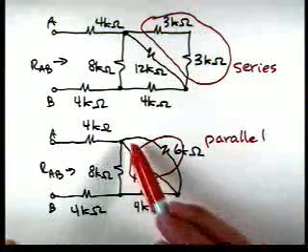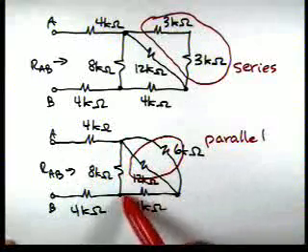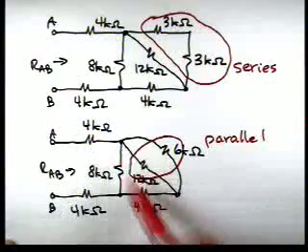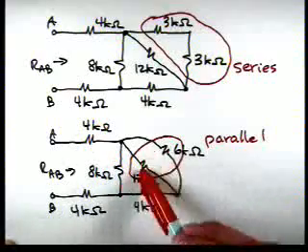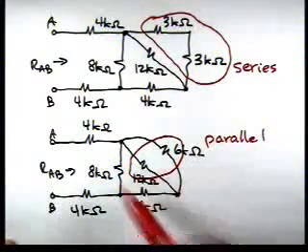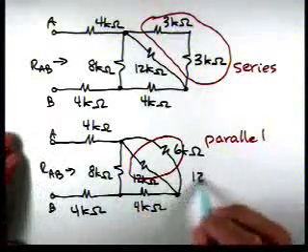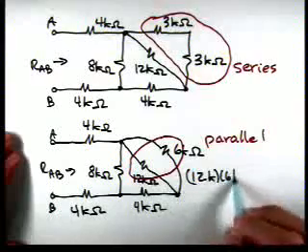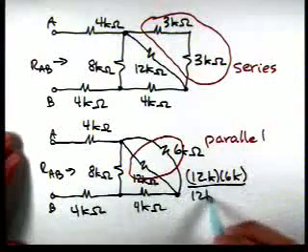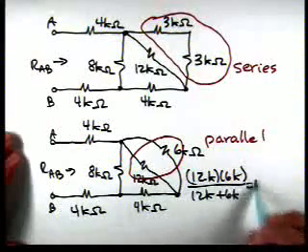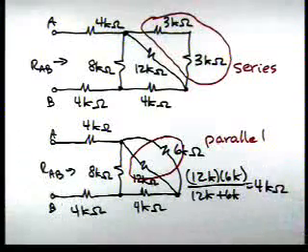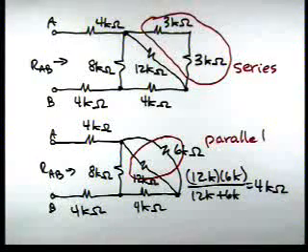So these two are in parallel. They're not in parallel with this one because of the 8K. So the resulting combination is 12K times 6K over 12K plus 6K to give us 4 kiloohms. So again, that 4 kilohm is not in parallel with the 4 down here because of that 8 kilohm resistor.